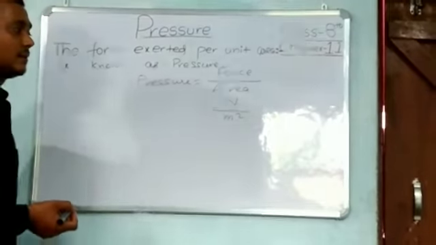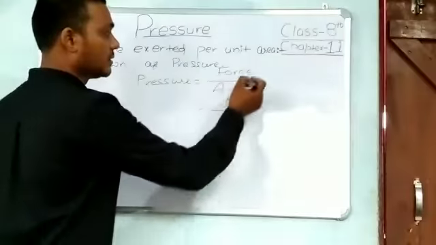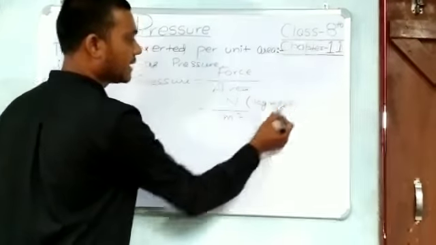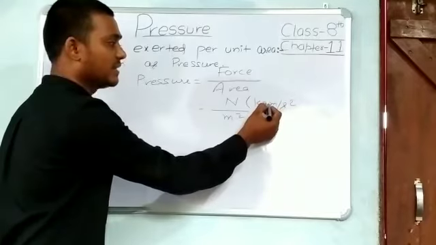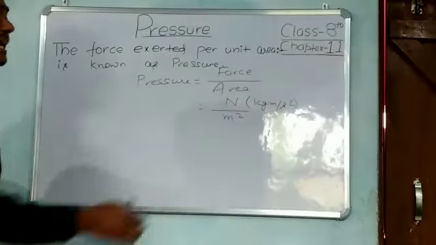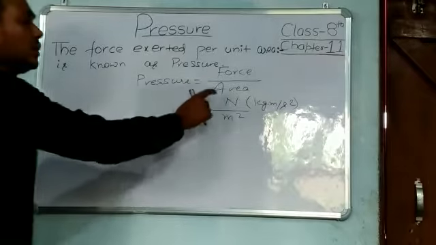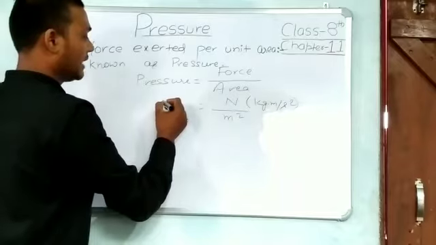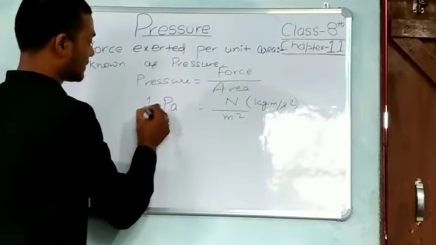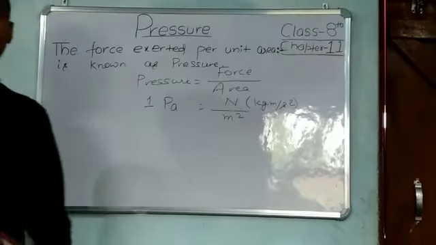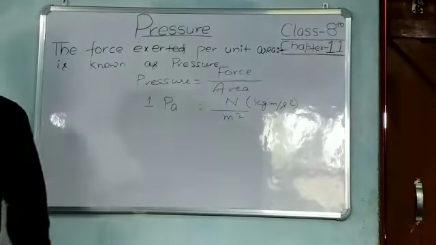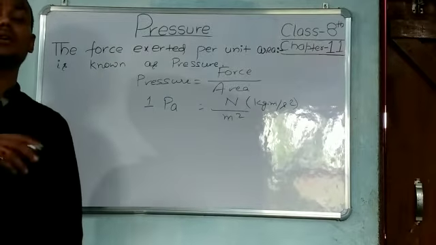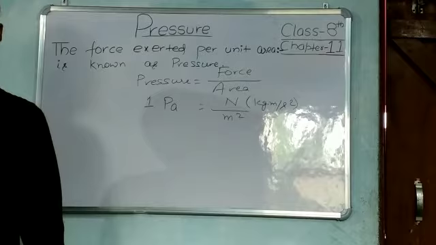Just like force, whose SI unit is kg into meter per second square, meaning mass into acceleration, which is known as Newton, similarly Newton per meter square is called Pascal, 1 Pascal. If we say 1 Pascal of pressure, it means that 1 Newton of force is applied on 1 meter square area.